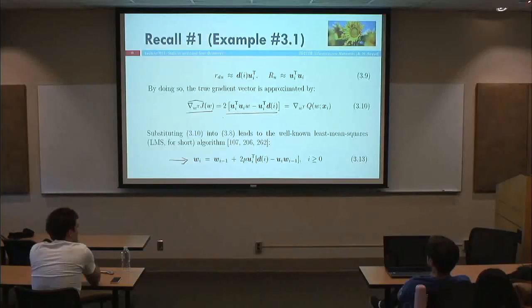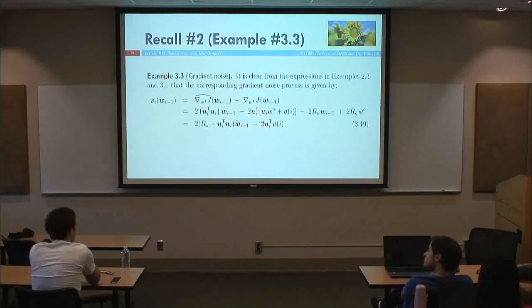So this is the approximate gradient, and the true gradient vector would have been instead 2R_u w minus R_du. If I now subtract this from that, I get the gradient noise. This is what we also did last time.